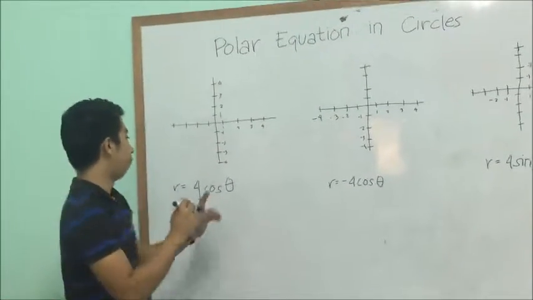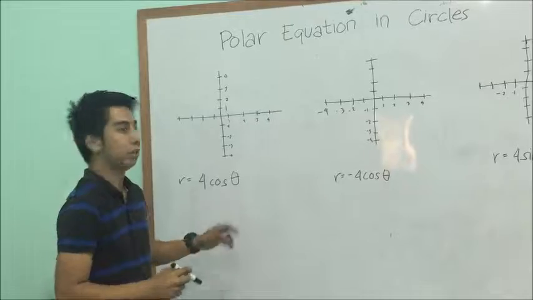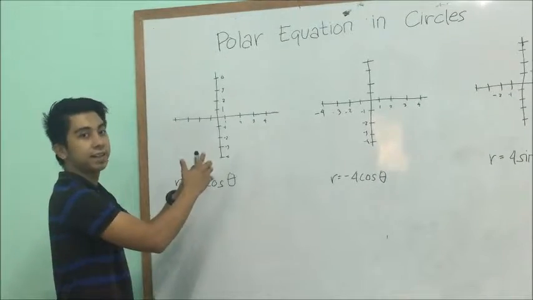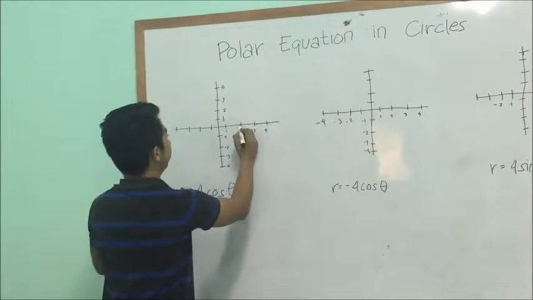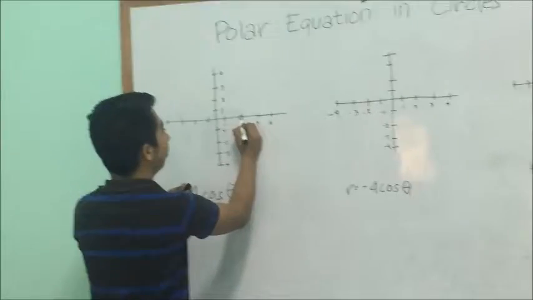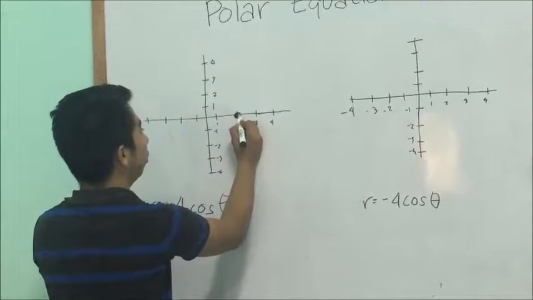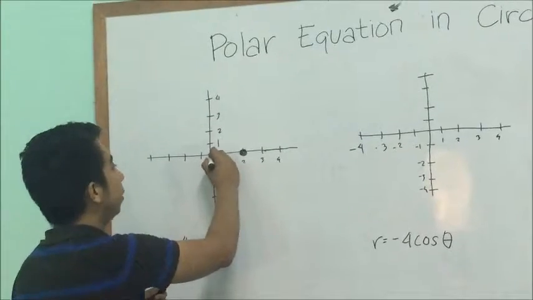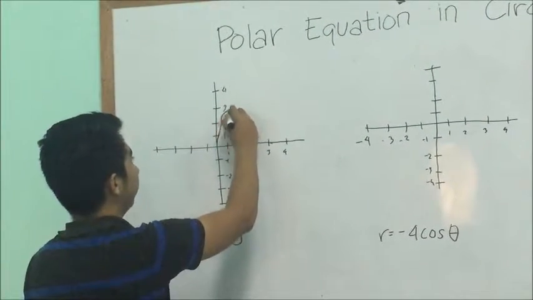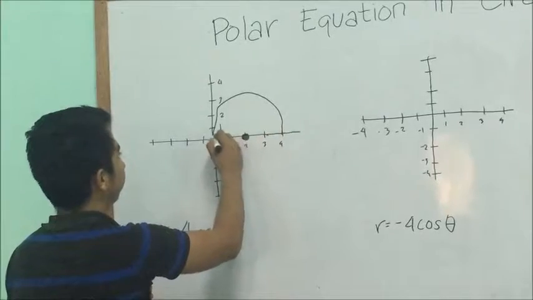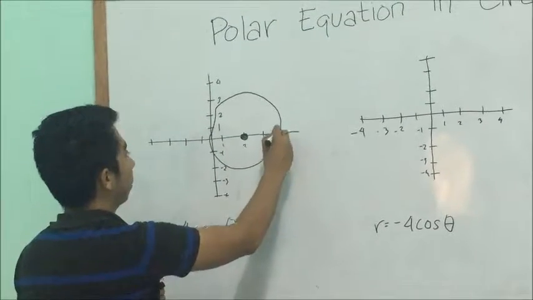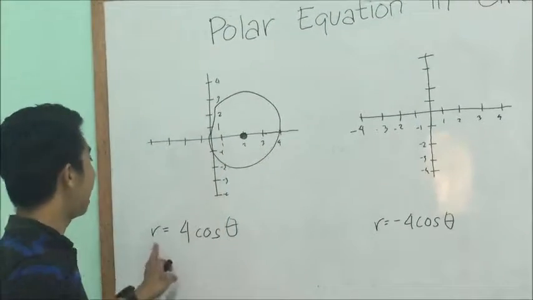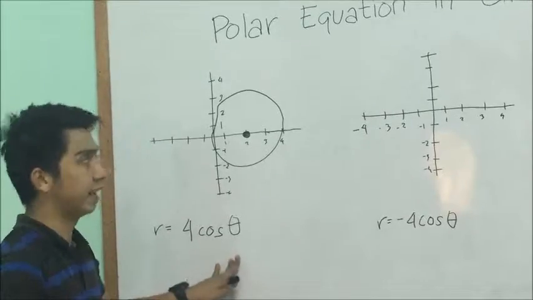If you graph that form, it is a positive form, so you can graph it on the right side. Our center is at 2, and then we can graph it from the origin to 4. So this is r equals 4 cosine theta.